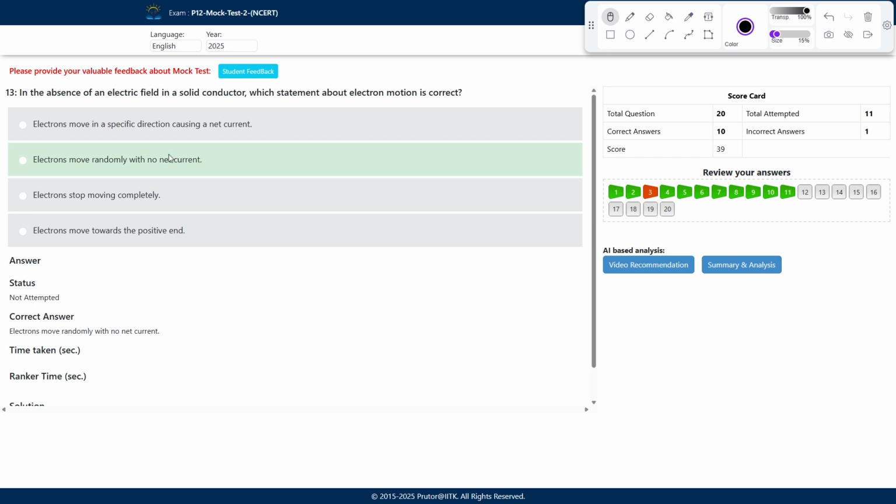Okay, when there is no electric field, then the motion of electrons in a conductor is random. Some electrons are moving in this direction, some are moving in that direction. So motion of electrons is random in the absence of electric field.